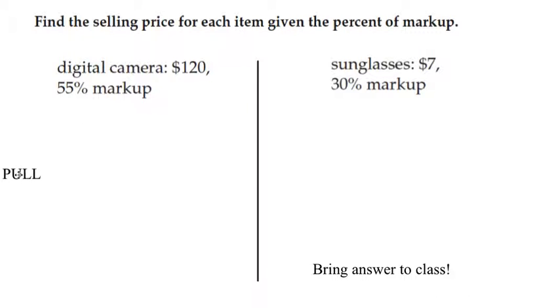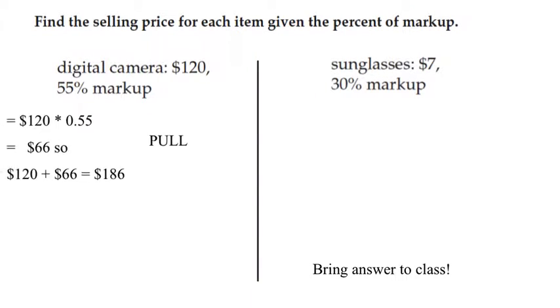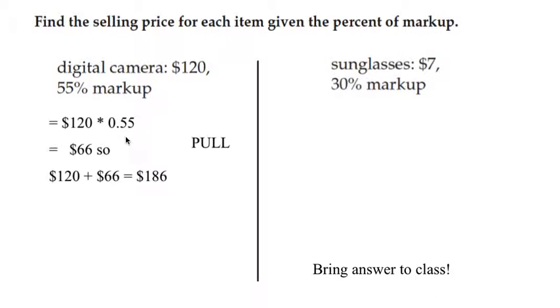We're going to take 55%, which is 0.55 as a decimal, and multiply 0.55 times 120. That gives us $66. $66 is what they will add to the $120 that they paid for it. So that gives us a total of $186. So that's what the selling price would be.